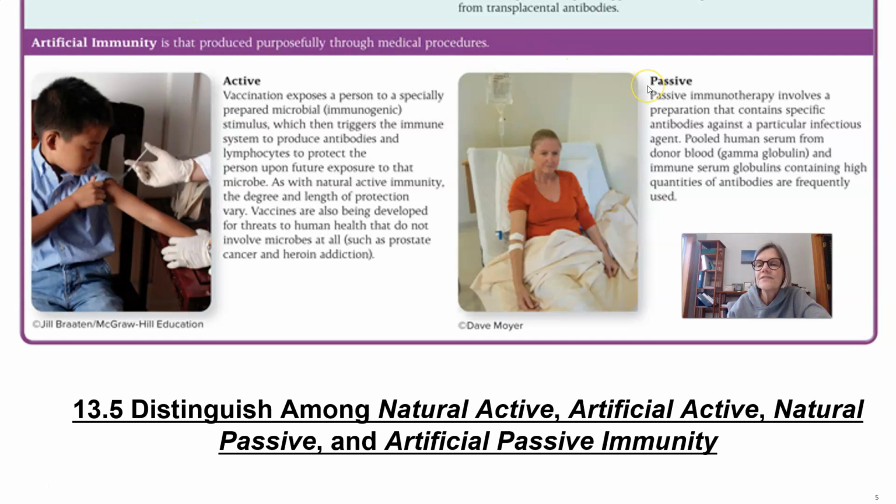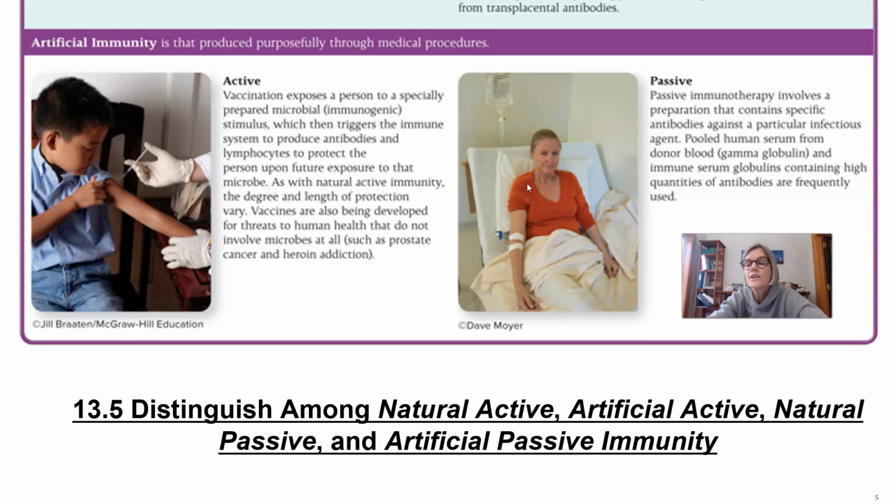Artificial passive immunity is medical procedure, but you're not making your own antibodies. So the idea is that if a patient has a certain disease, here it says you can get pooled human serum from donor blood, gamma globulin, which is antibodies, and you can inject, or here they're putting an IV of these antibodies into this patient.